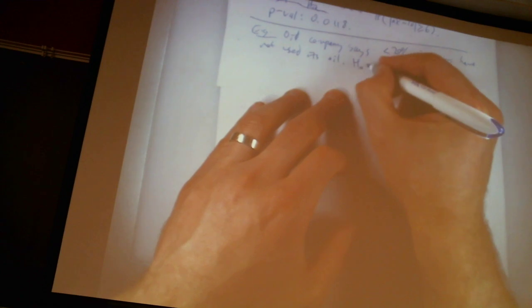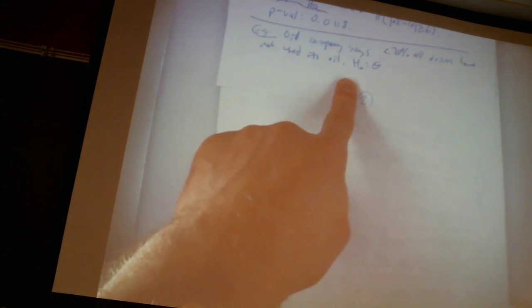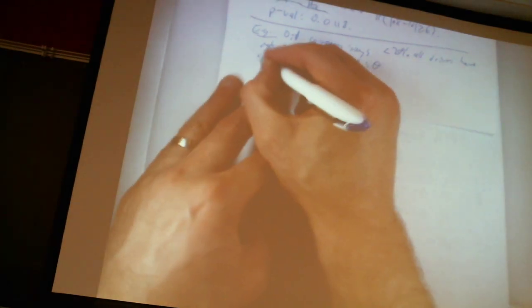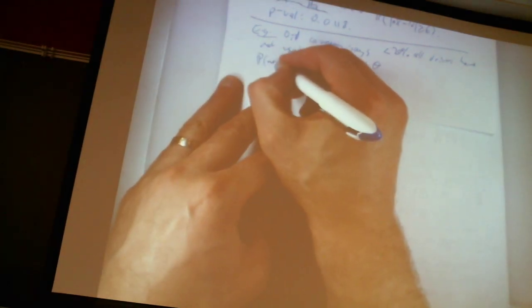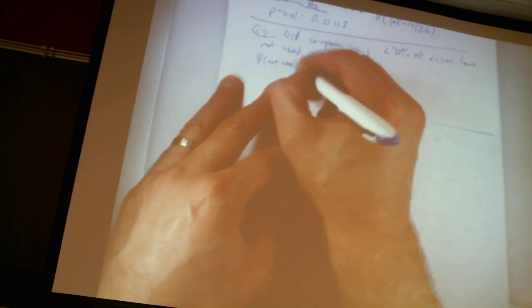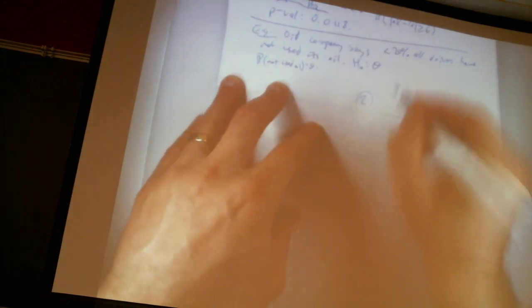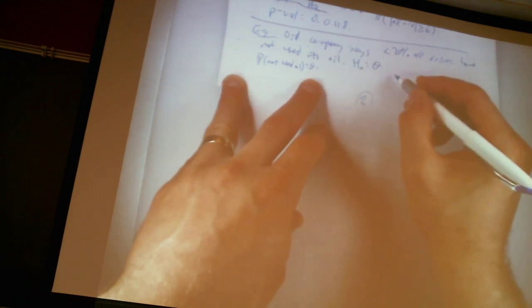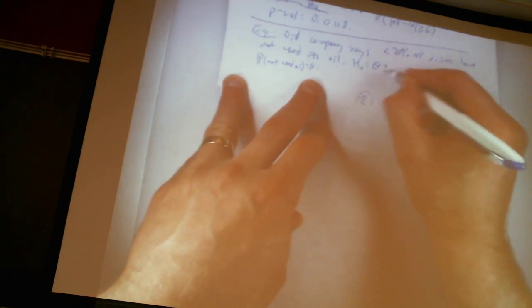We're going to test, so whether or not people have used their oil is a Bernoulli random variable with some parameter theta, identical. We're going to test their claim by asking, what is the probability that they have not used its oil? So the probability that one person has not used the oil is theta. So H naught is that theta is at least 20.